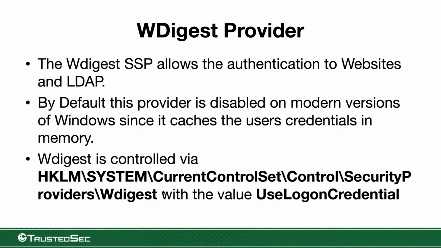But one of the things that I like about this is that I can actually just enable it on the target machine. And then the only thing I've got to do is get somebody to log into the system. And once they log in, I'm able to just pull those credentials from the system. Typically, we do a reg set on this registry key, UseLogonCredential. We can set that to 1, and we're able to extract those credentials as clear text, and then just set it back to 0.